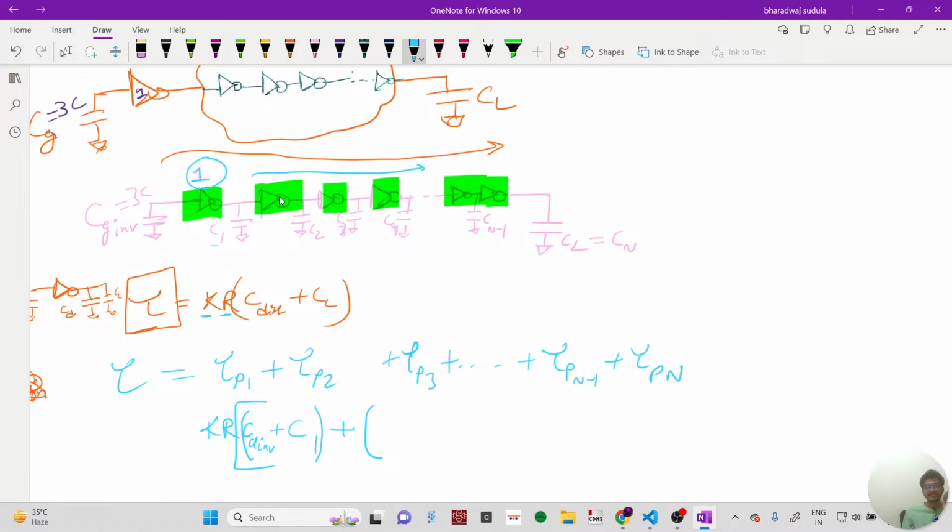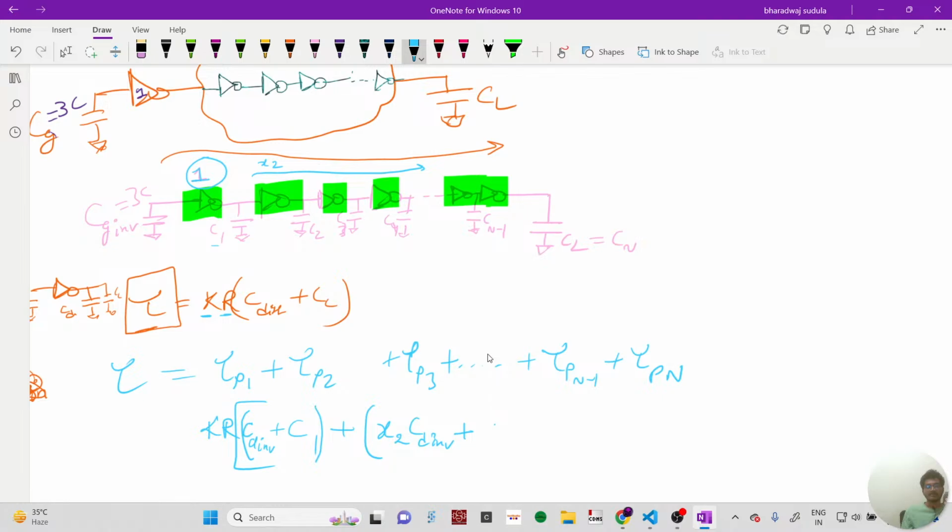The second inverter sizing, I don't know. Let's say x2. So x2 times CD inverter, correct? CD inverter is the standard one, and it has been sized up by x2, so I multiplied by x2.